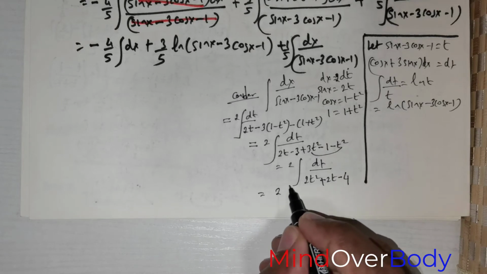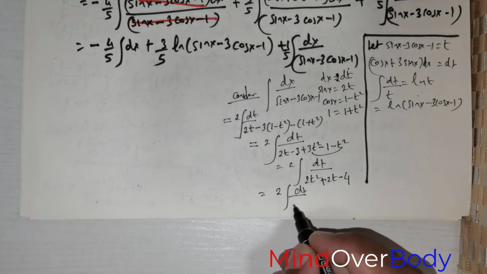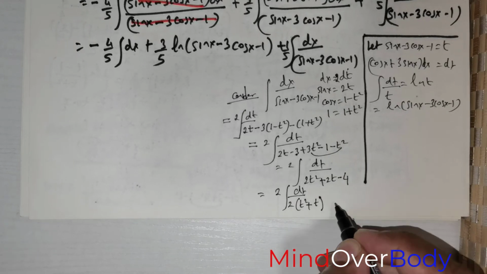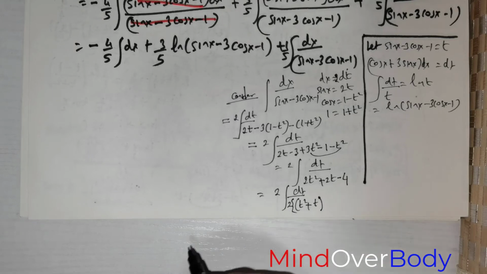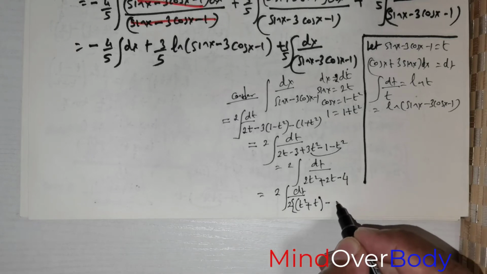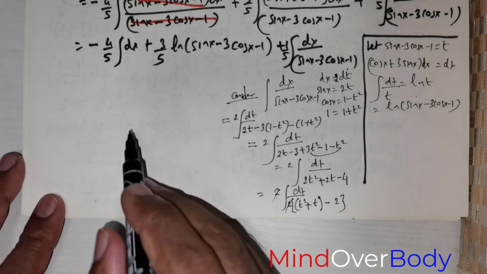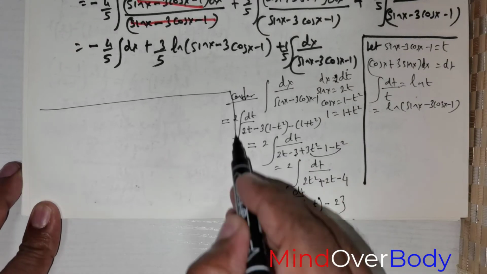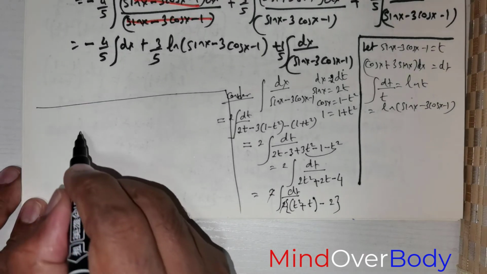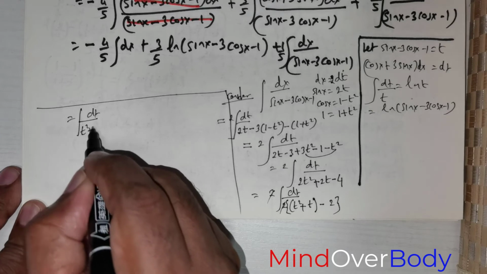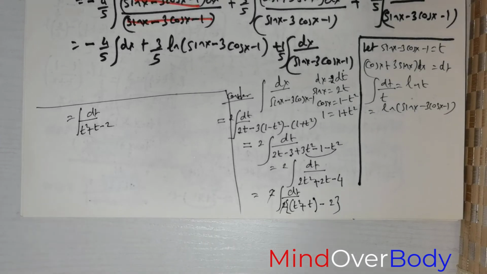So this is going to be 2 times of integral. I can take a 2 out completely, so it's going to be t squared positive t negative 2. So this 2 and 2 gets cancelled. So what I have got here is integral dt over t squared positive t negative 2.